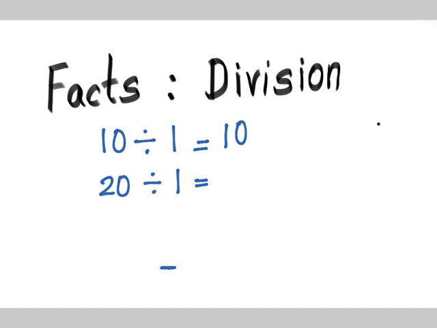So it must be 20. So when dividing a number by 1, the answer will always be the original number. That means if the divisor is 1, the quotient will always be equal to the dividend.